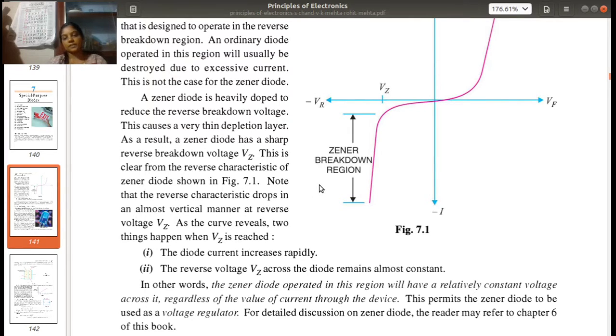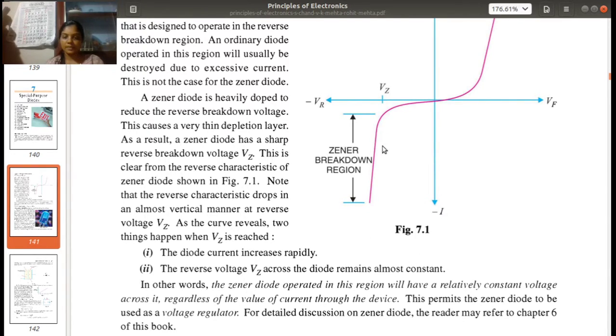So this is the special characteristic of a Zener diode: until the breakdown voltage the current is zero, and at the breakdown voltage the current increases sharply in the reverse direction, since it is reverse biased. But the voltage remains constant though the current is increasing.